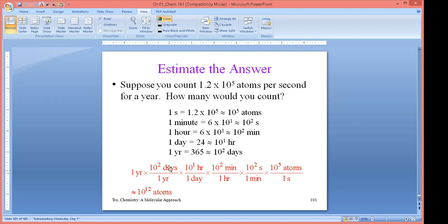So we've got to go from years to days, days to hours, hours to minutes, minutes to seconds, etc., until we get to atoms per second. Kind of a strange example though, but anyway. So that's the last slide.